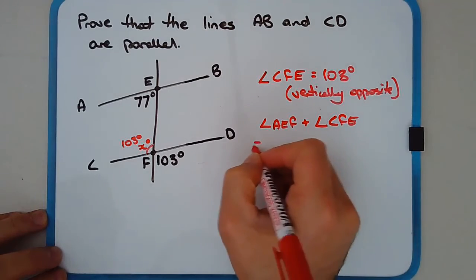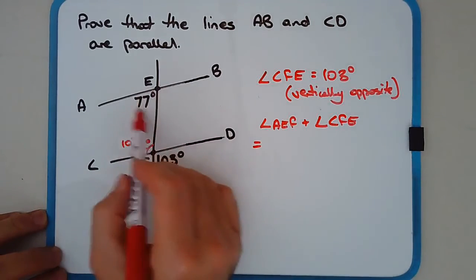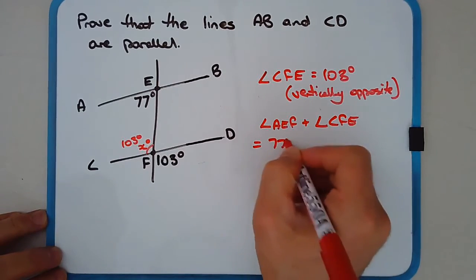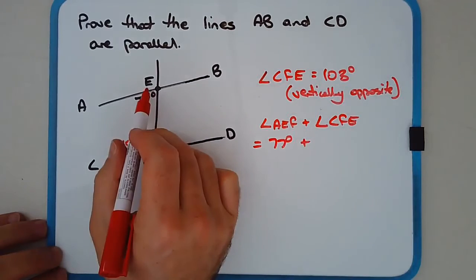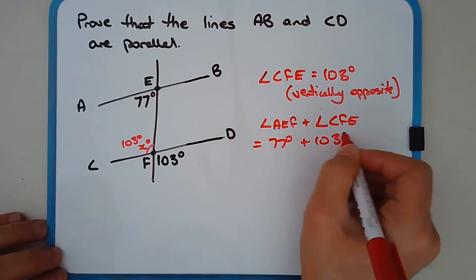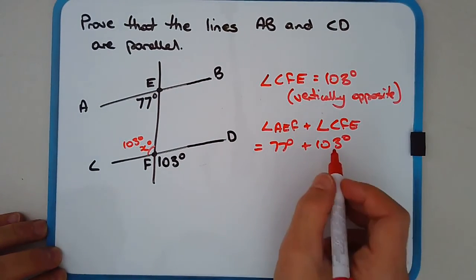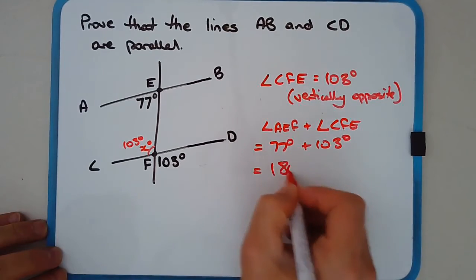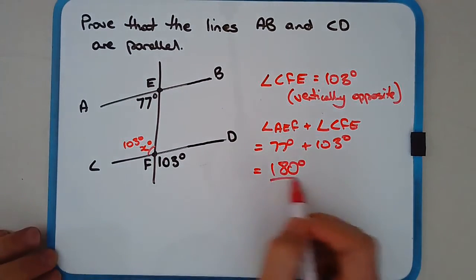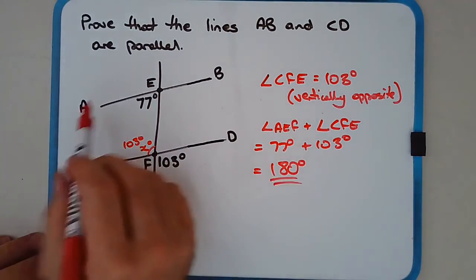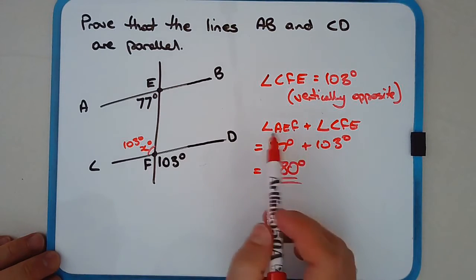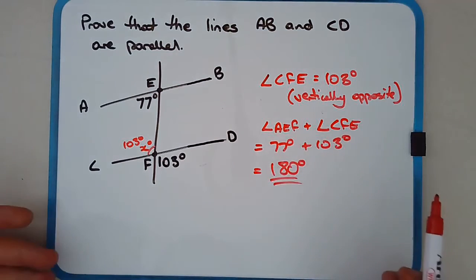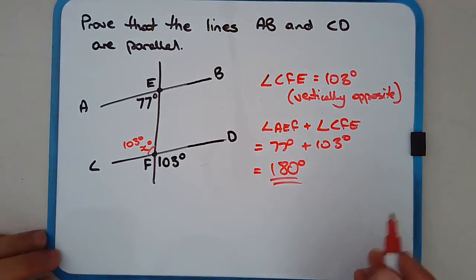Angle AEF, what's that? 77 degrees. Angle CFE is 103. 77 plus 103 is equal to 180 degrees. That means that AEF and CFE are supplementary and are co-interior.